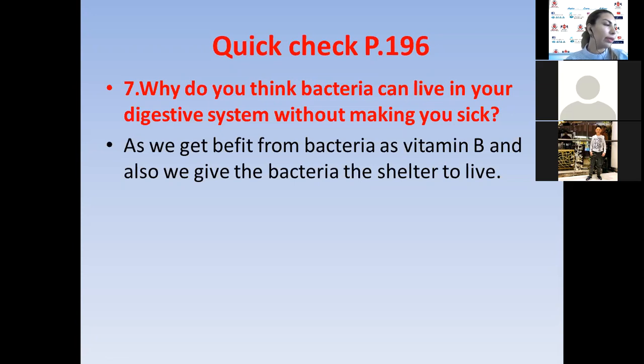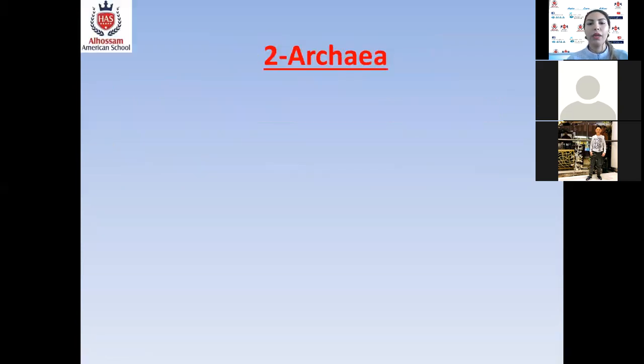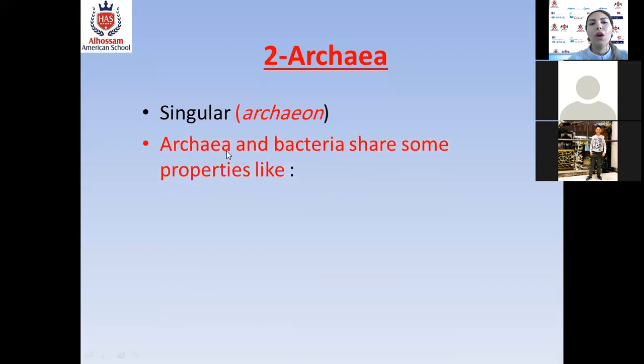Page 196. Okay, so number 2 in prokaryotes examples is called archaea. The singular is called archaeon, and archaea and bacteria share some properties.